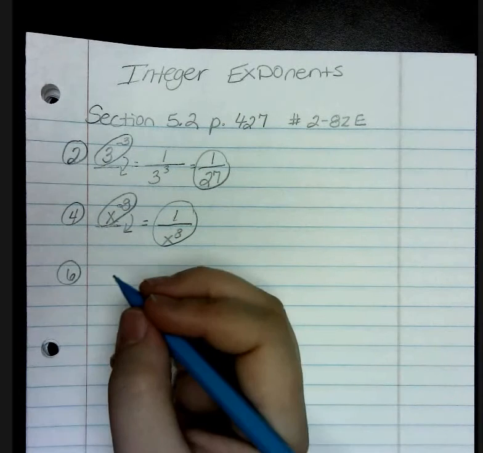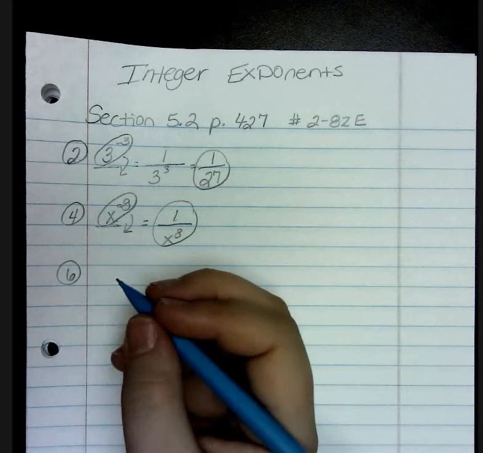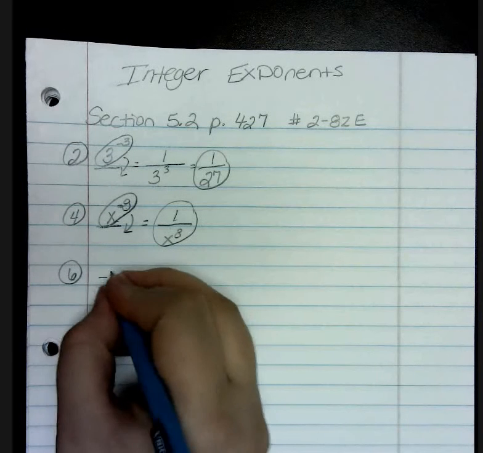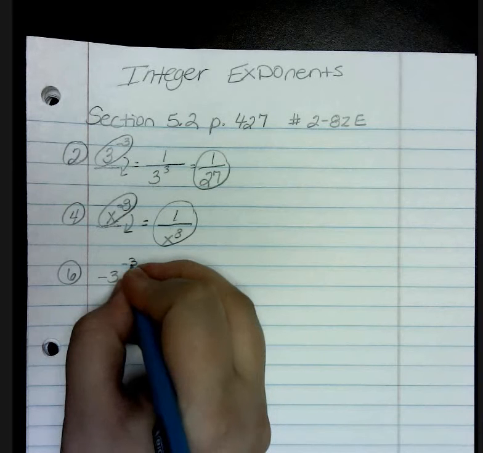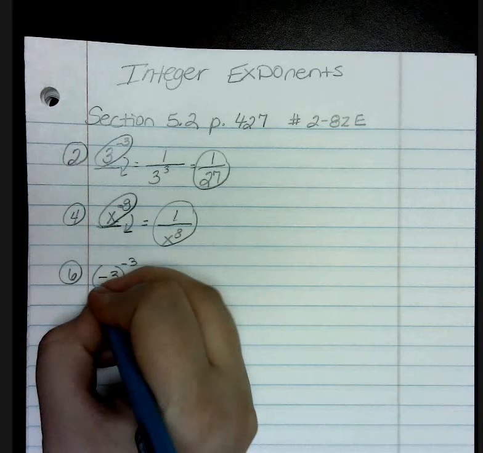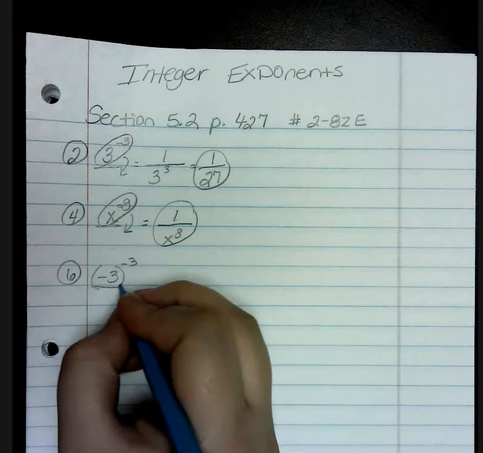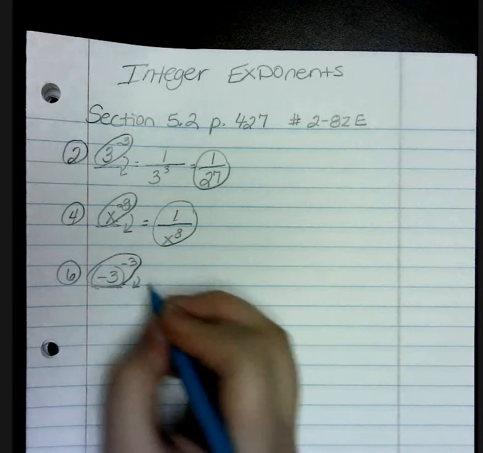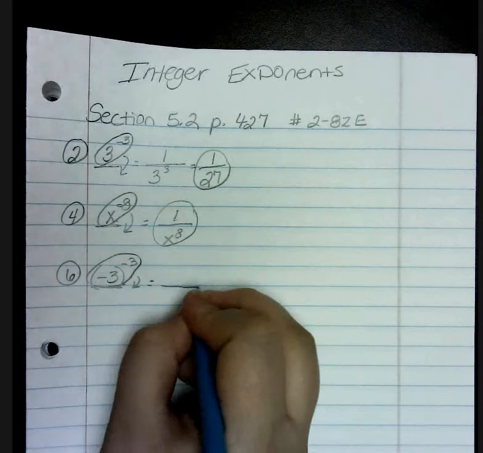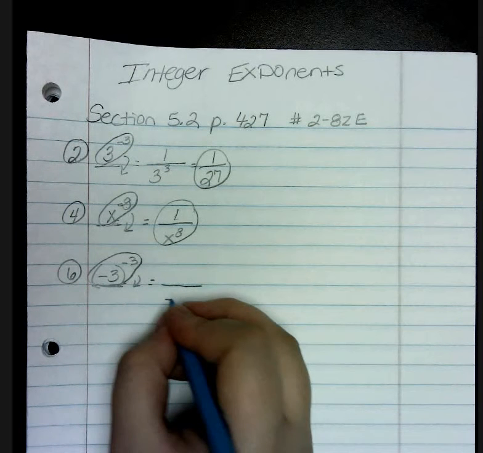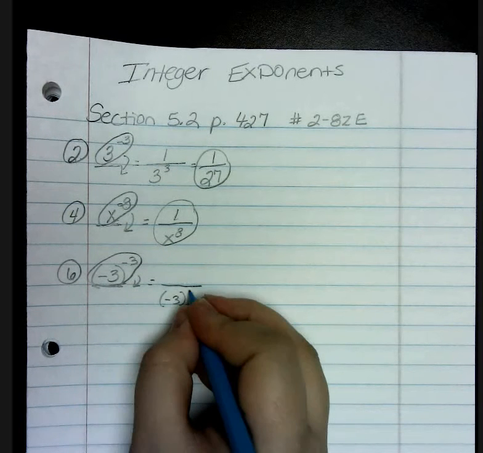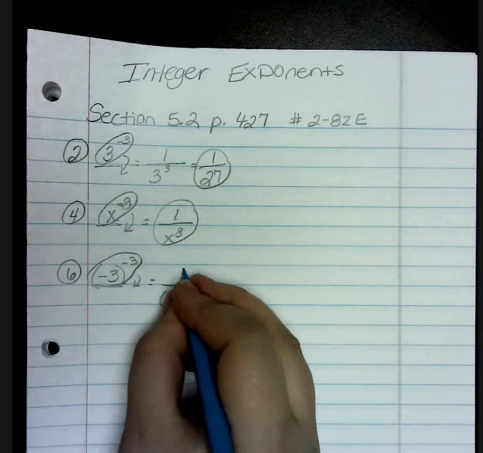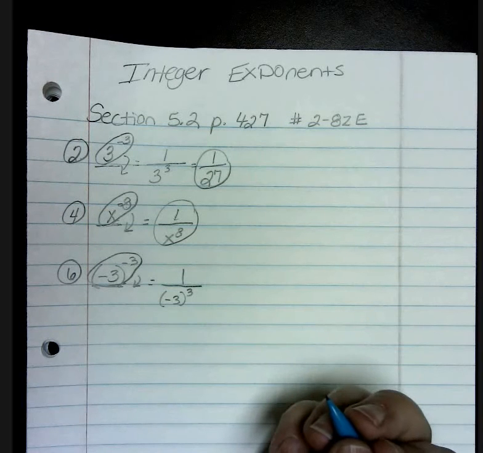Number 6, I have negative 3 to the negative third power. So I'm going to circle the base and the negative exponent that's attached to it. So I now have my negative 3 to the third power in my denominator, and I have a 1 understood in my numerator.